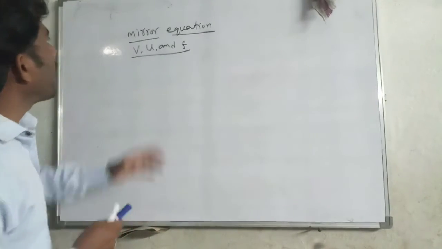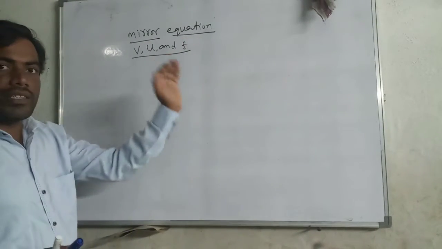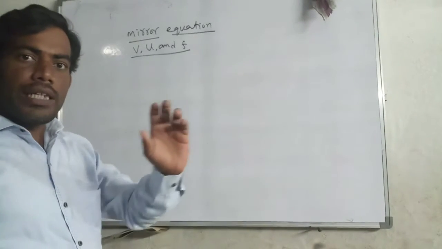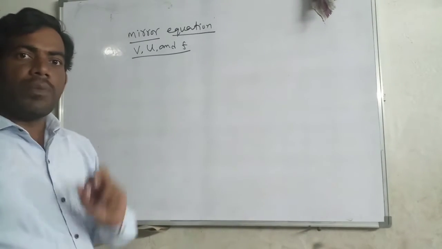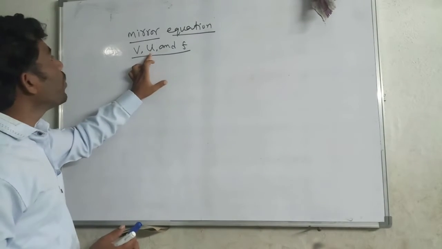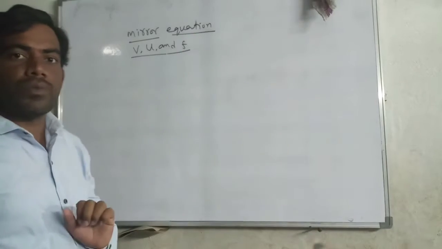It is a mathematical equation that gives the relation among V, U and F.